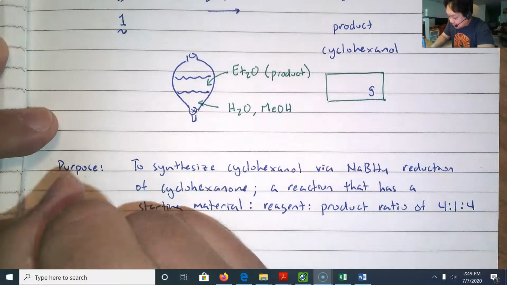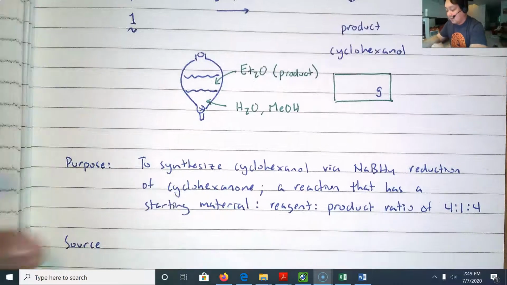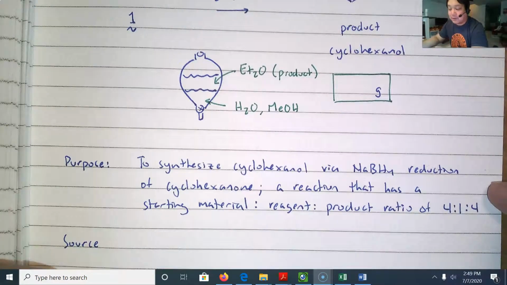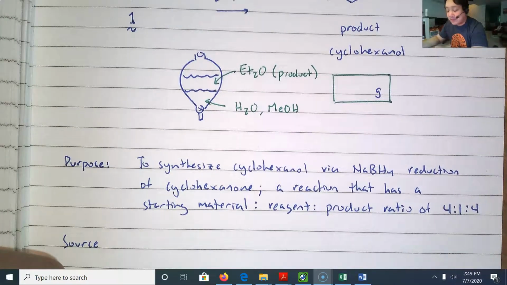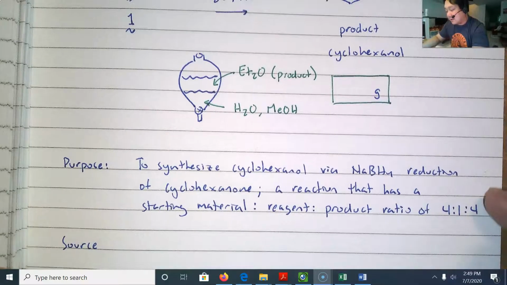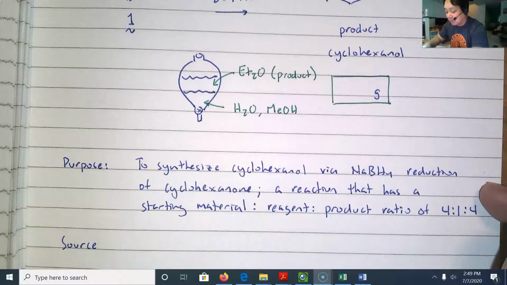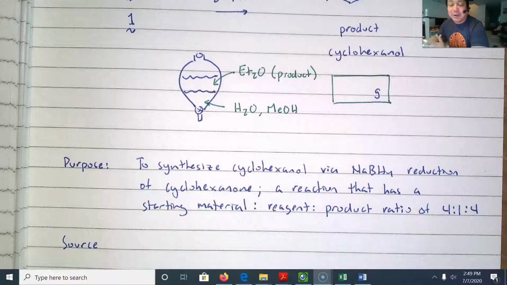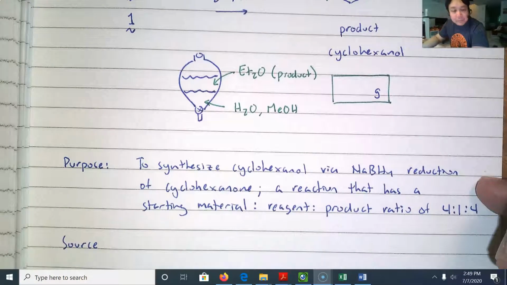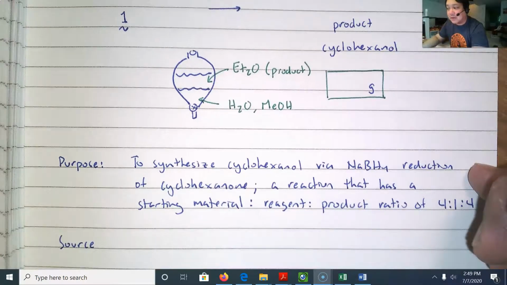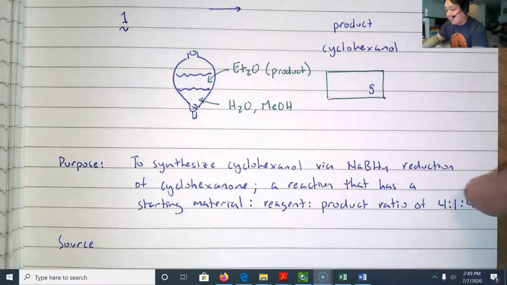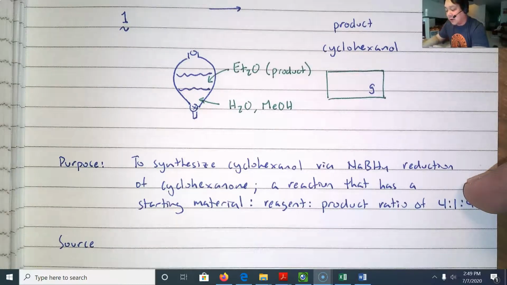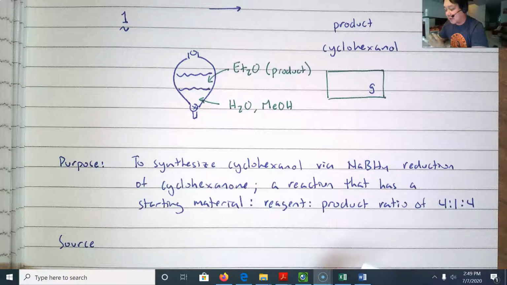By the way, you want to use this as a template for the rest of your prelab entries because there are purposes that aren't really purposes, right? I mentioned this last semester. For instance, appreciating organic chemistry and all of its wonders and subtleties. That's not a purpose.